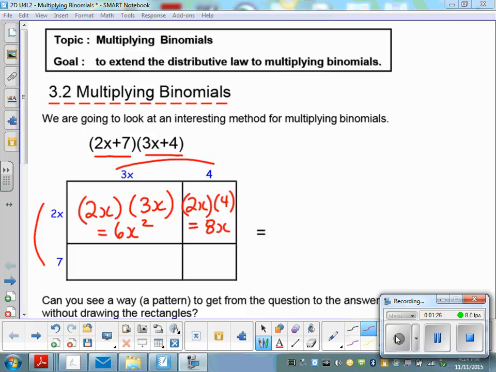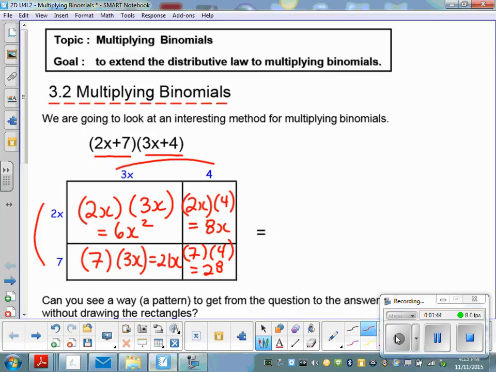The bottom left rectangle is going to be 7 times 3x, that's going to equal 21x, and the bottom right rectangle is going to be 7 times 4, and that's going to give me 28.